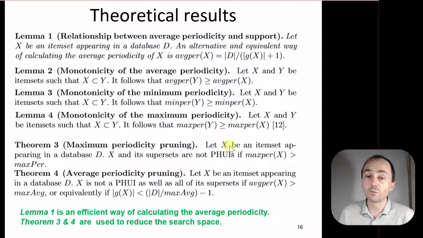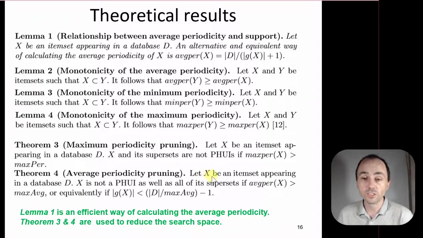If you have an item set X in a database, X and its supersets will not be periodic if the maximum periodicity of X is more than the maximum periodicity. So this is what has been used in other papers. It's not something new. But now we have a new property here.